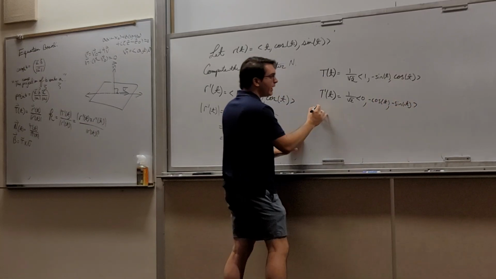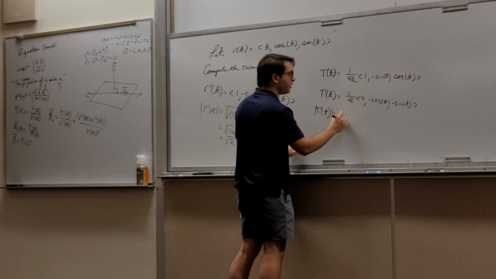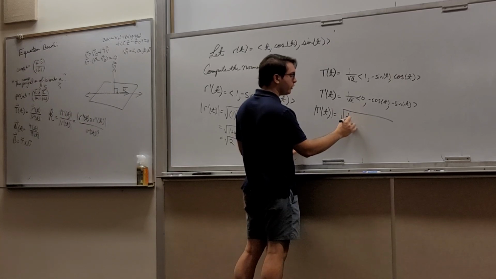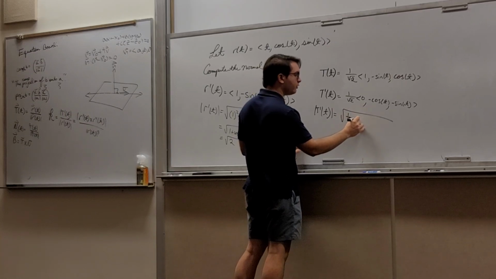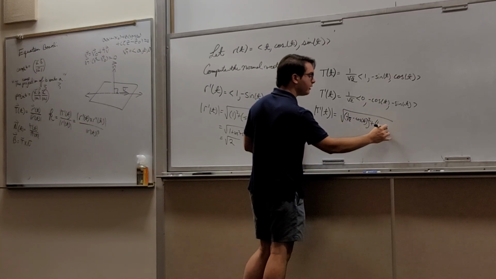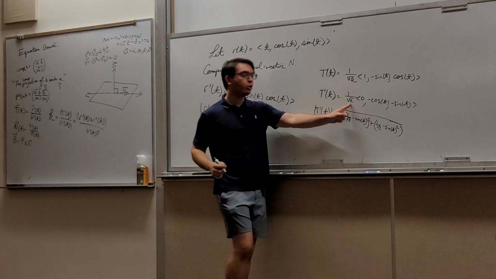Right? Now I need its magnitude. The magnitude of T prime of t equals the square root of 1 over the square root of 2 times negative cosine of t, squared, plus 1 over the square root of 2 times negative sine of t, squared. Do not forget this 1 over 2.